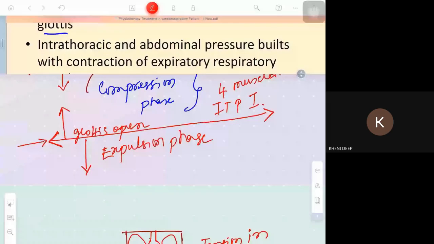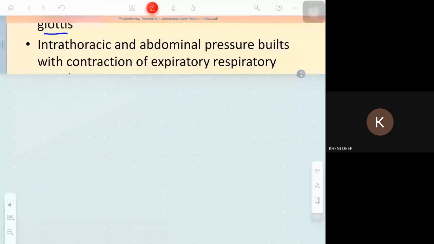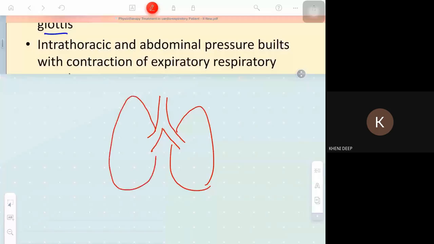So what is the expulsion phase? Trapped air. Okay. You see, this is the lung. Clear? What is the first phase? The first phase is inspiration, deep inspiration.